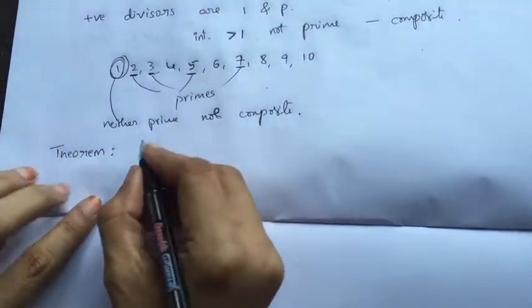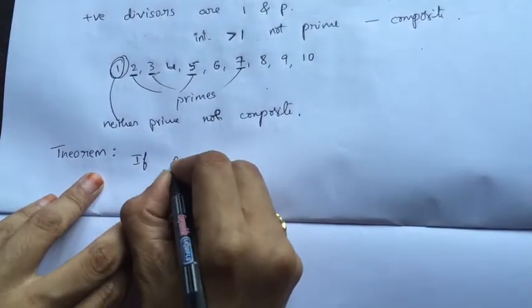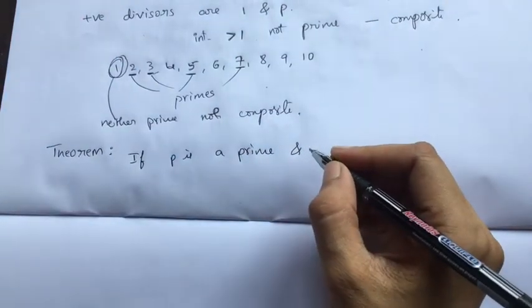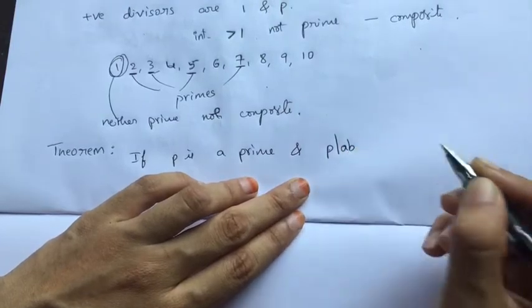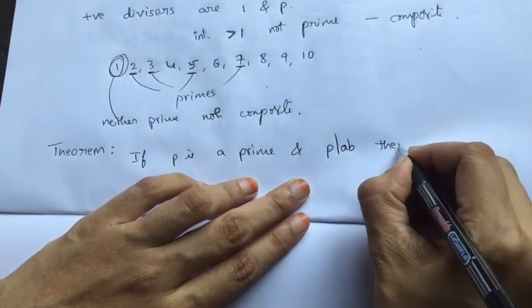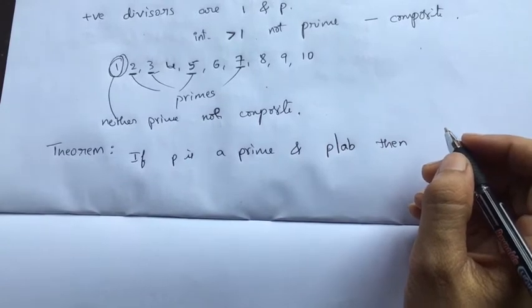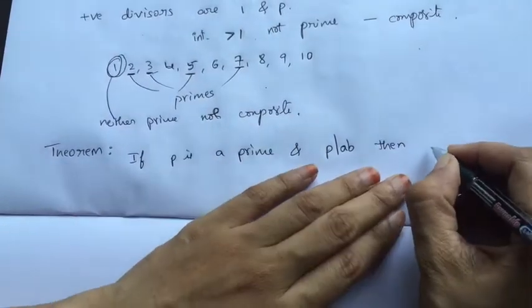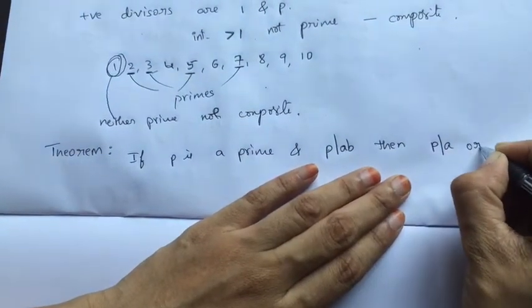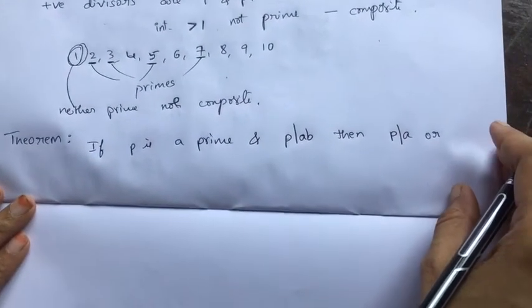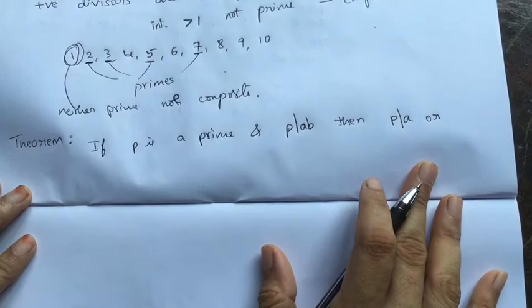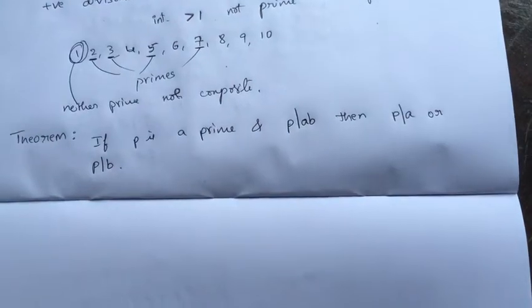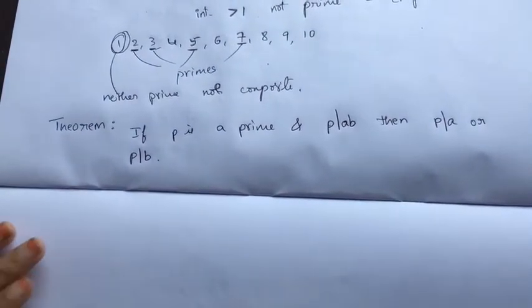If p is a prime and p divides the product ab, then either p divides a or p divides b.